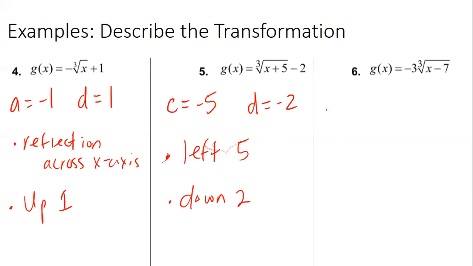What do we have? We have an A and what is our C? Positive 7, because our X's are liars. All right, so what happened? Good job.